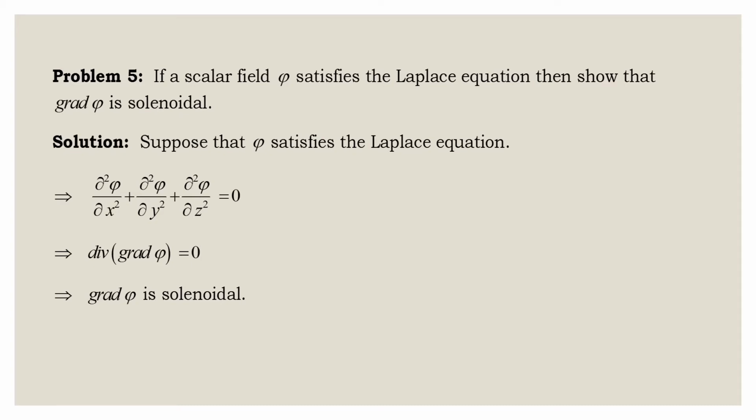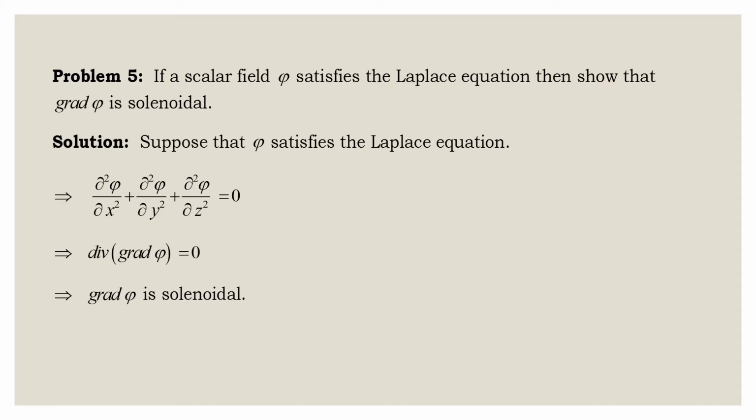So div grad phi and del square phi both are the same. The Laplace equation says that del square phi equals 0. On the left hand side, instead of del square phi, let us substitute div of grad phi. Then our Laplace equation becomes div of grad phi equals 0.